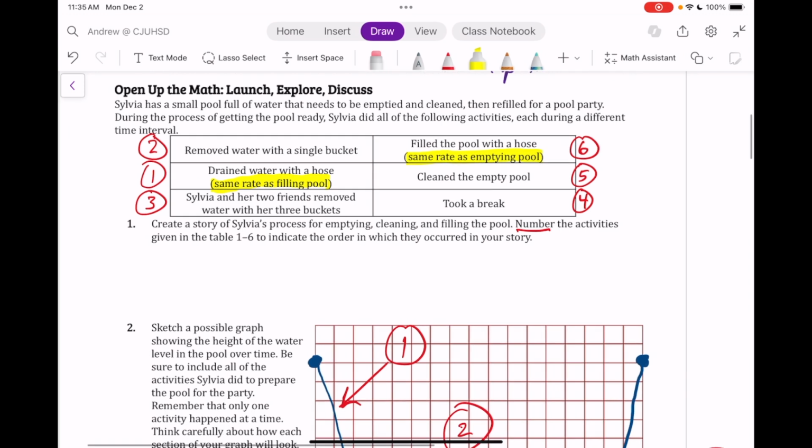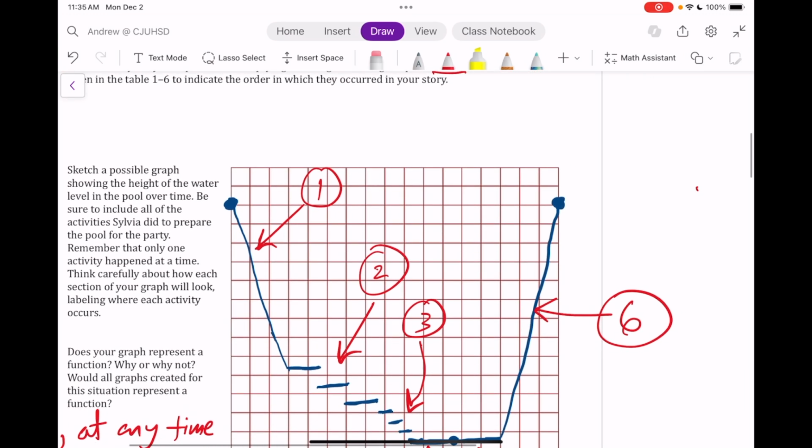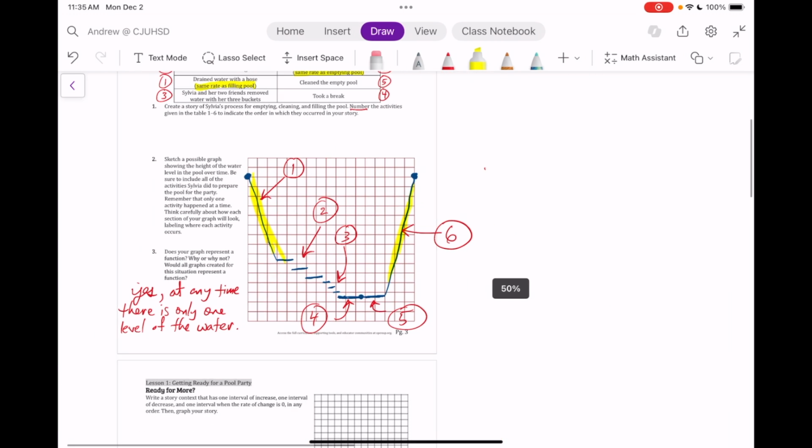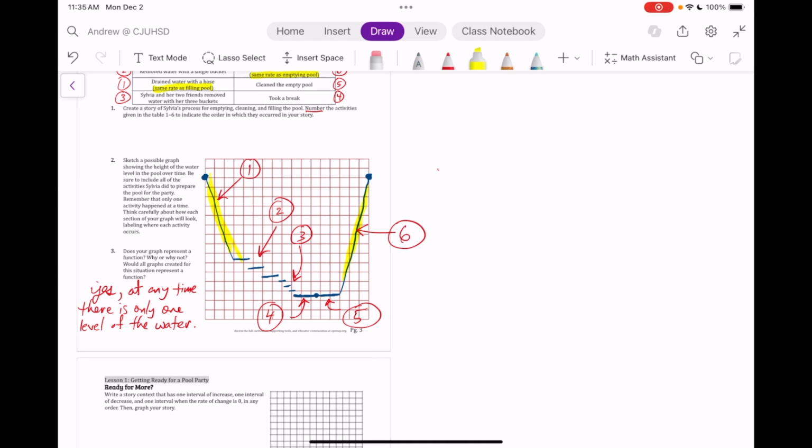So those were slopes. That's why your slope on the left side, the angle, should be comparable to the slope or the angle on the right side. The maximum was the height of the pool. The minimum was how low was the pool after it was drained.